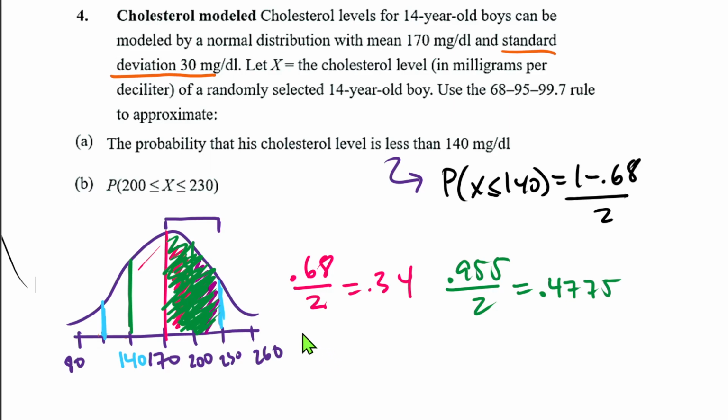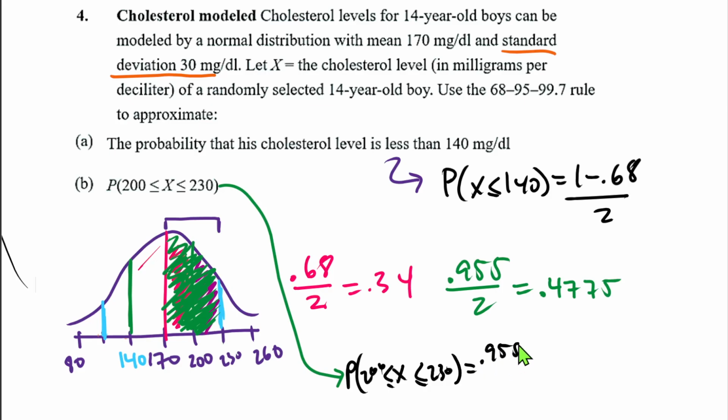So the answer here, if you want to write the full answer, would be the probability of being between 200 and 230, which would be the whole green area, so 0.955 divided by 2 minus 0.68 divided by 2. You take 0.4775 minus 0.34, and that would be your answer.